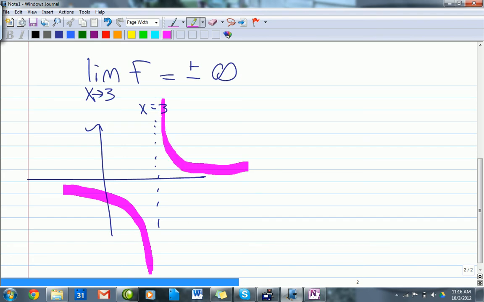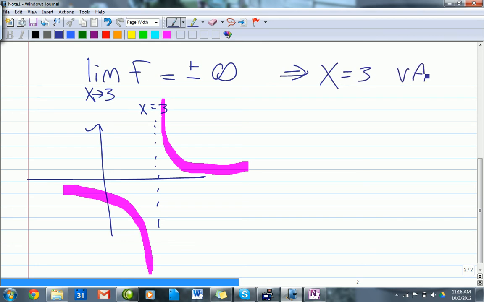That describes the behavior of a vertical asymptote. Since the function is heading towards either infinity from the right or negative infinity from the left as x approaches 3, x equals 3 is a vertical asymptote.